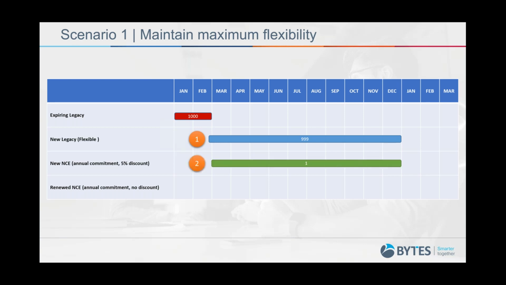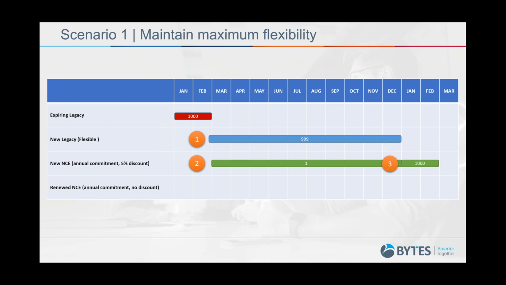At the same time, they could create a new NCE subscription with a quantity of 1, and that will give them or lock in the annual commitment part code, which locks the price for 12 months. So it includes the 5% promotion and locks in the March price. That one subscription wouldn't expire until the end of Feb 2023. It doesn't quite go to Feb on the screen, and I'll explain why that is.